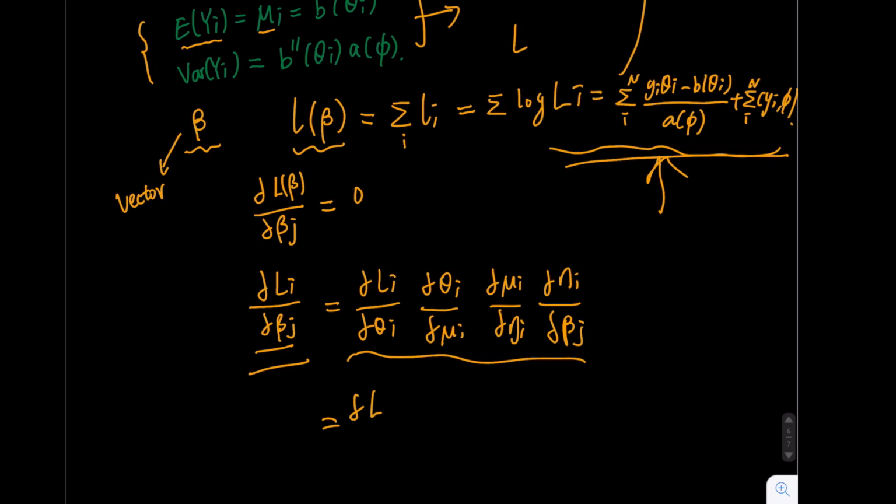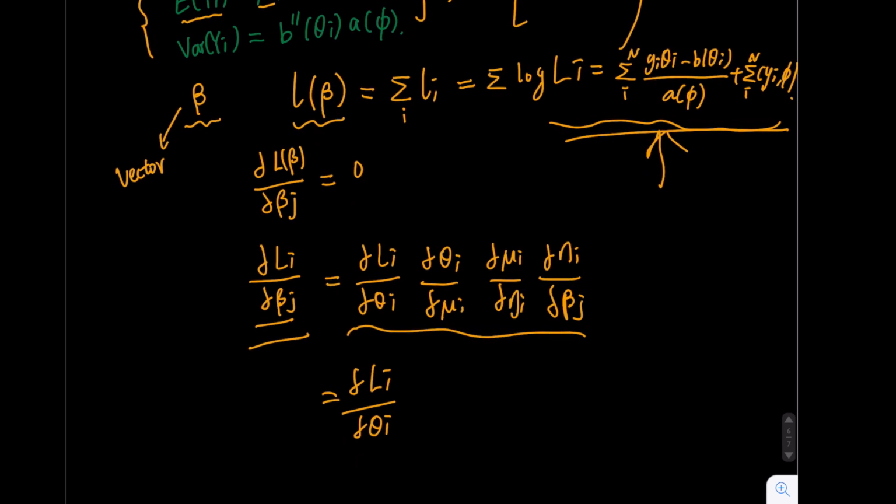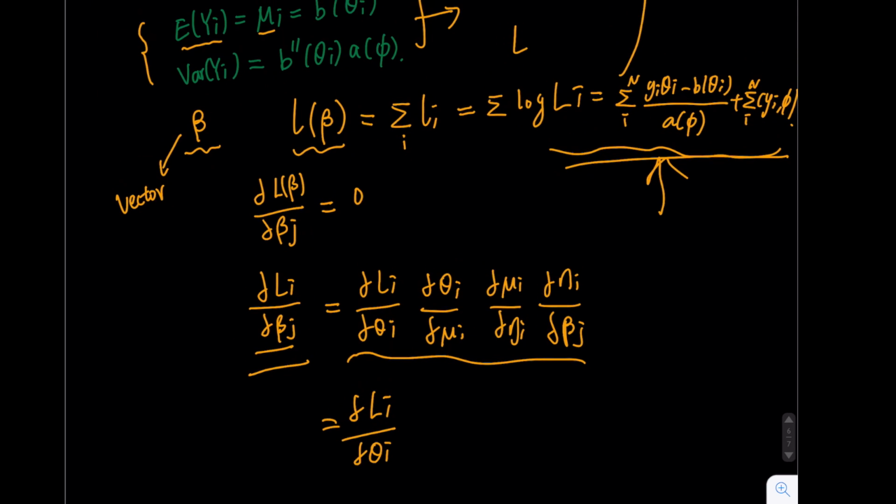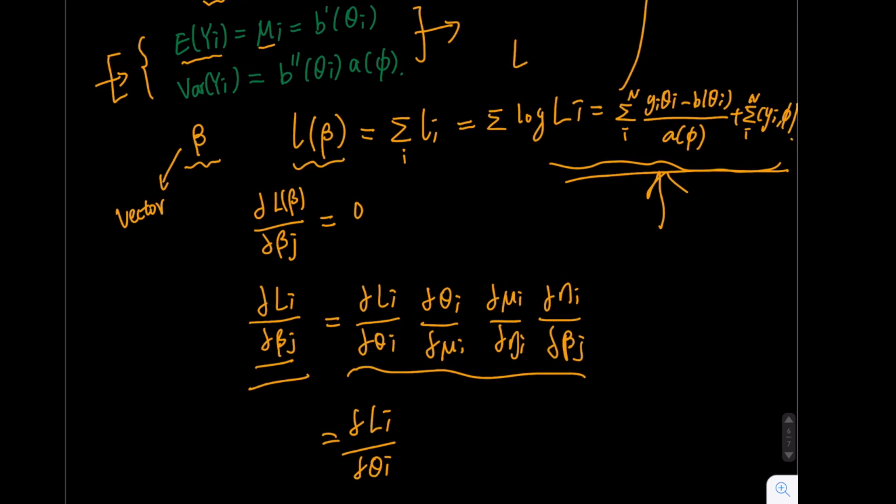So the first thing we can do is take the derivative of the likelihood with respect to theta i, since it's physically present in the likelihood. And then what will be the next step? If you look at the two results that I mentioned in the beginning of the video, you will see I connect theta i with mu i.